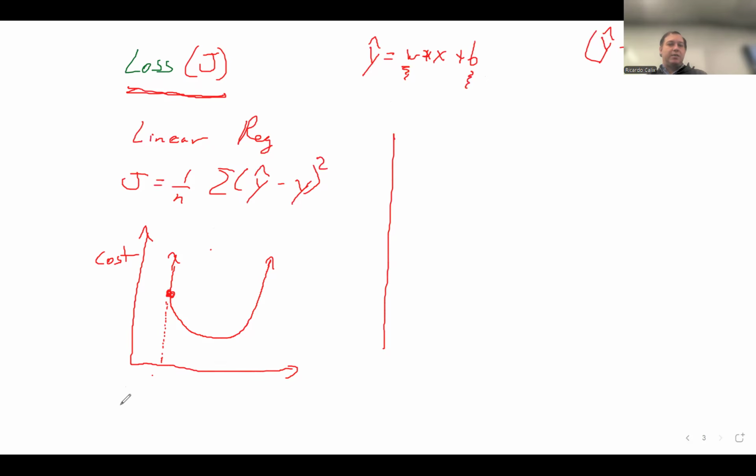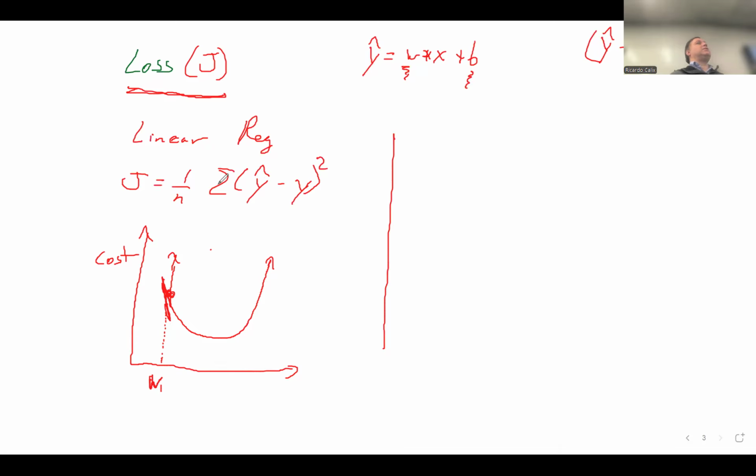So we can say, okay, this is W1. At that point in time, we take the derivative of this function in terms of y, which means in terms of w or b, in this case, w. What does this tell us? It tells us the slope of the graph, right?